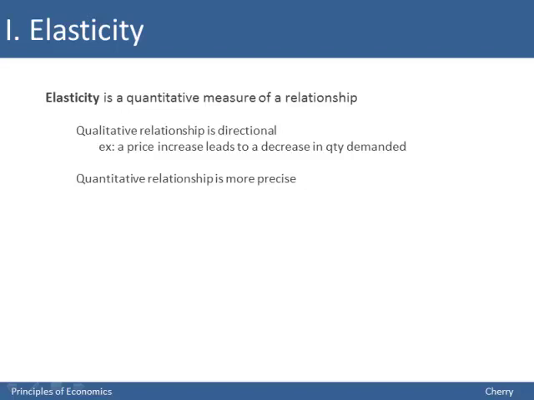So instead of just simply saying that prices are negatively related to quantity demanded, we can actually put a number to it. It gives us an ability to say something like this: a 10% increase in price leads to a 5% decrease in quantity demanded. Right? So it's the same thing, but it gives us a precision of the numbers.